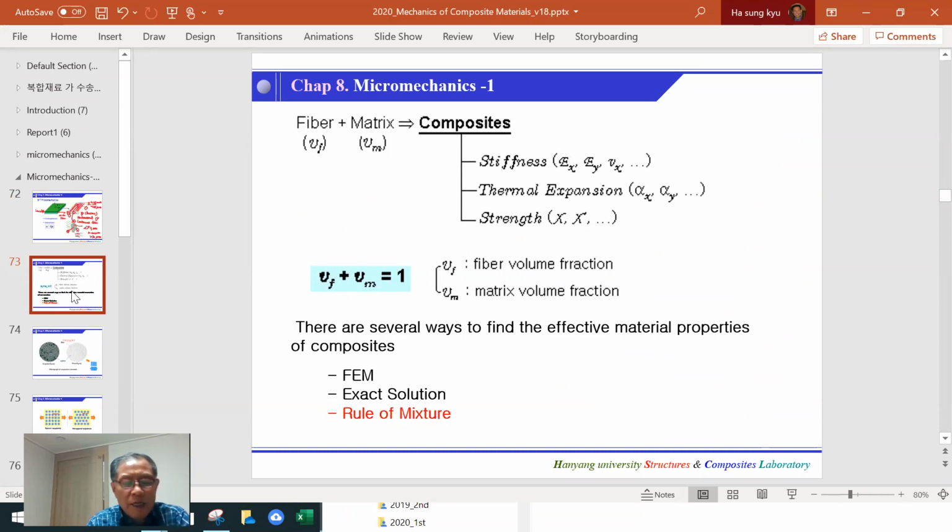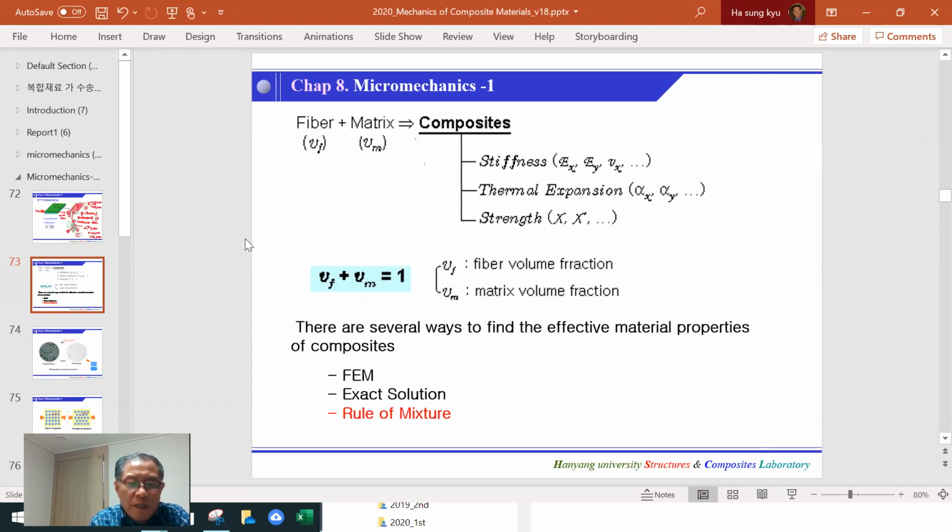We like to calculate the stress amplification factors and homogenize the material properties. So this is nothing new, just another repeat.